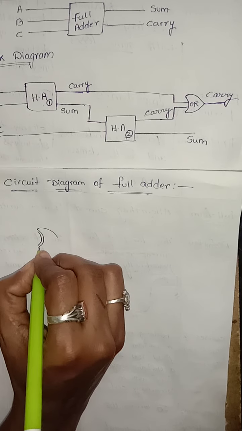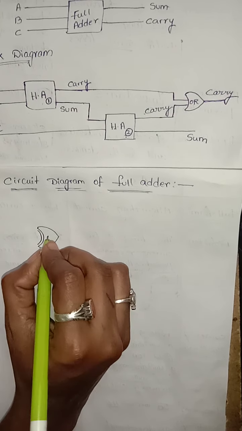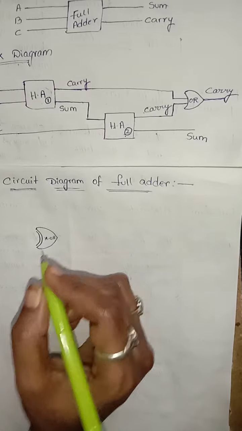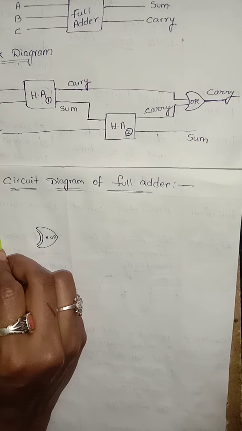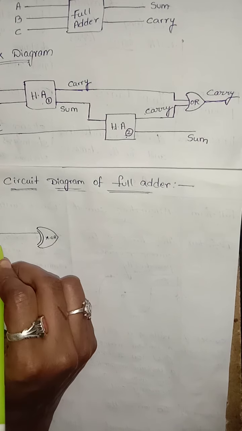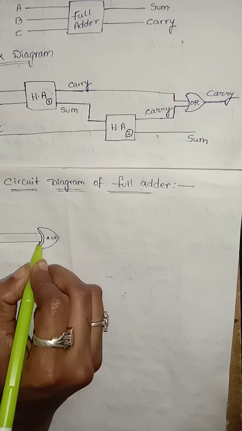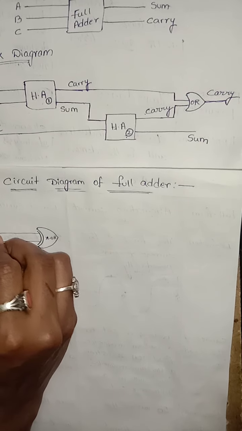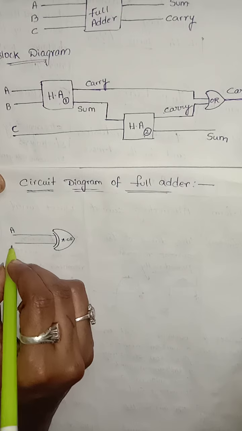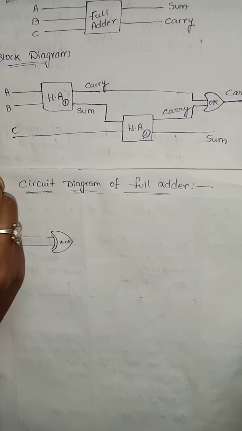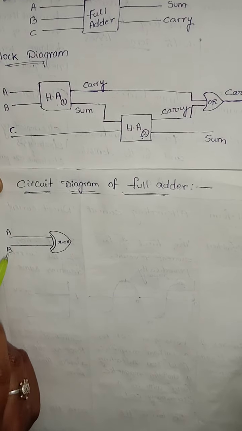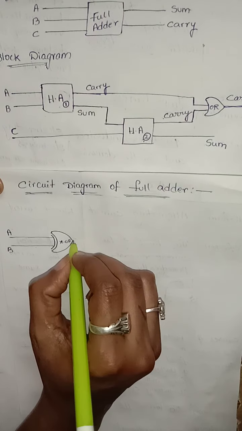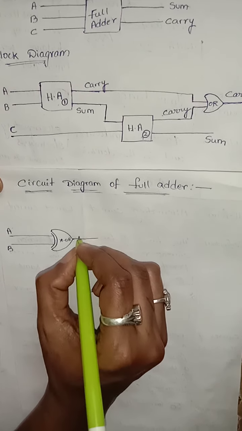First, we draw the XOR gate. For the XOR, giving 2 inputs A, B. XOR output is the half adder sum.